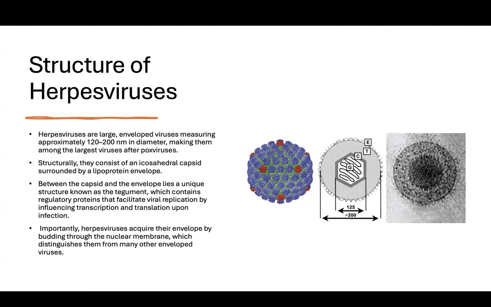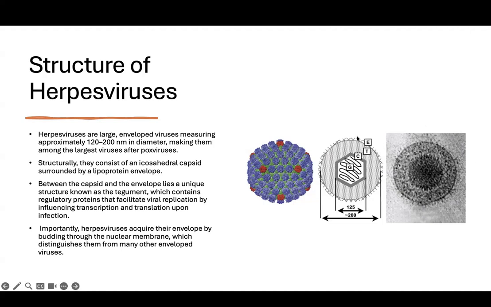These tegument proteins are extremely important in facilitating viral replication, but also influencing transcription and translation. We're definitely going to talk about them in more detail a bit later, but in between the envelope and the capsid, you have all these tegument proteins, which are super important in helping these viruses multiply and regulate their transcription throughout the infection course.